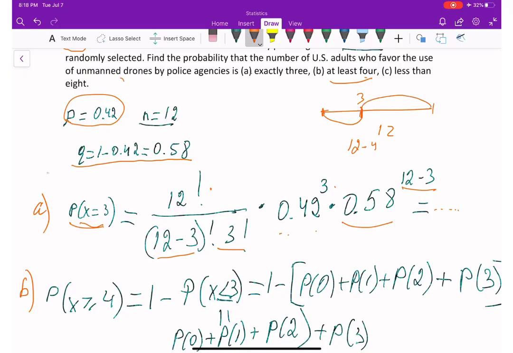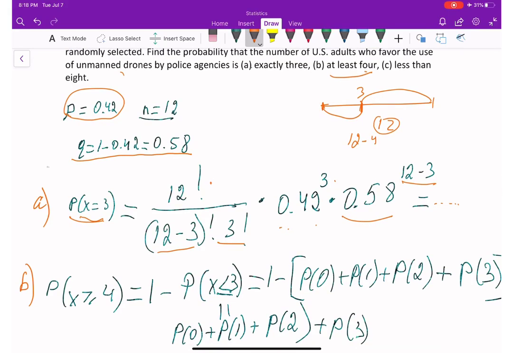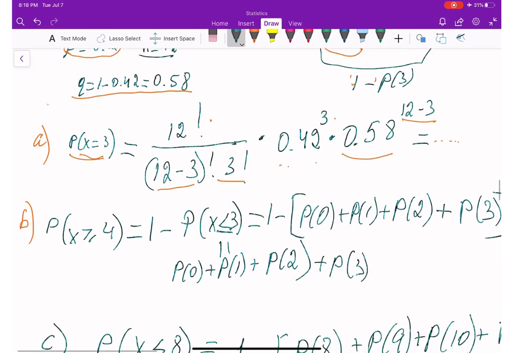But instead of sample size 12, we are dealing with probability. So this will be the probability for 3. And here I will have 100%. This whole piece is 100%. So I have to do 1 minus whatever probability of 3 I have there left.